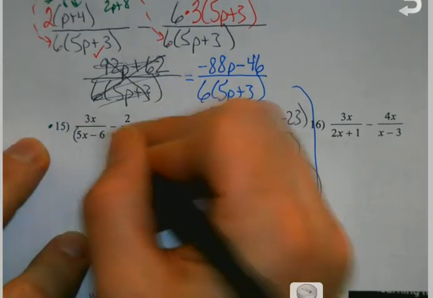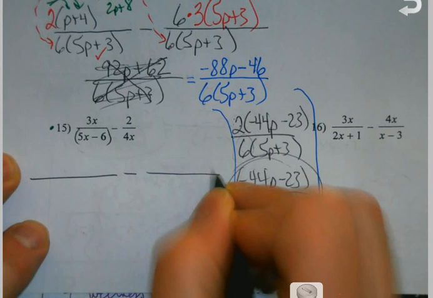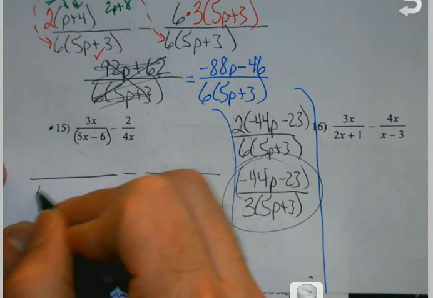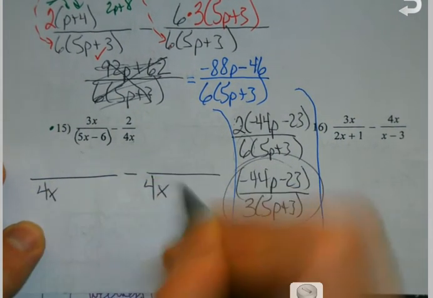Get my parentheses in here. All right, LCD, coefficient, single variable, quantity.